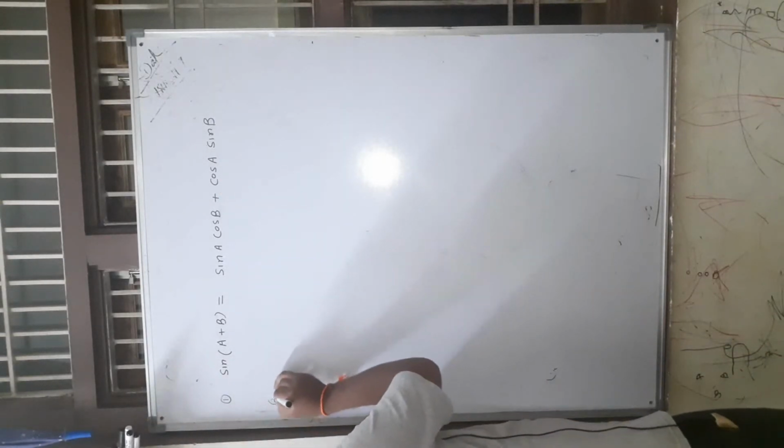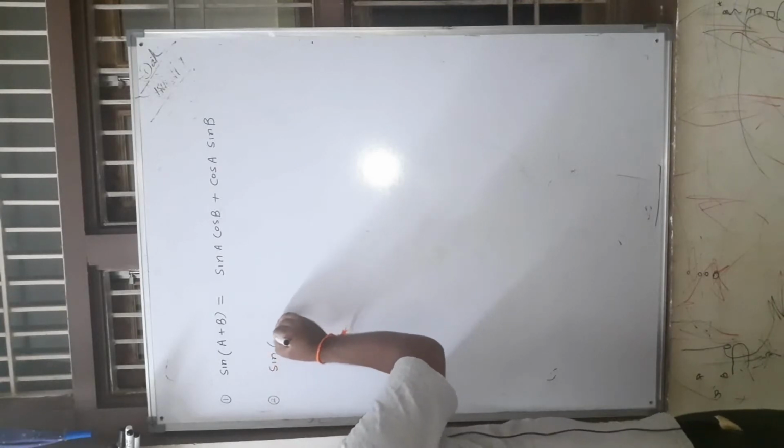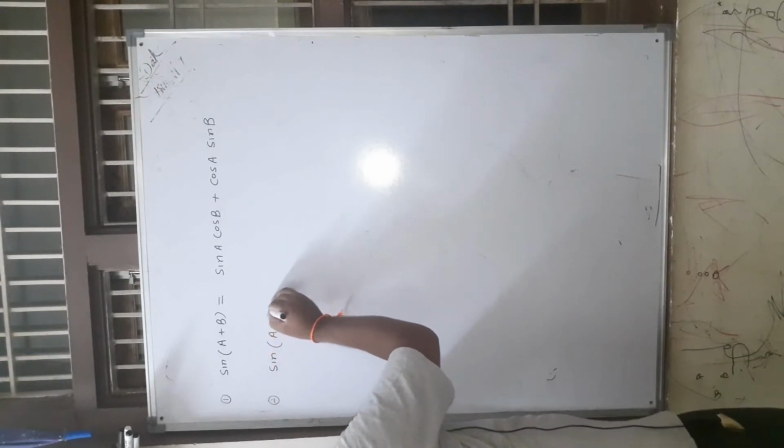Now the second formula is sin(A minus B).